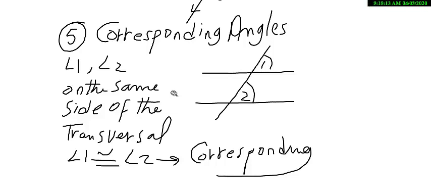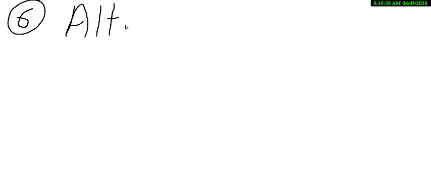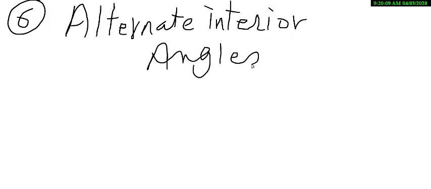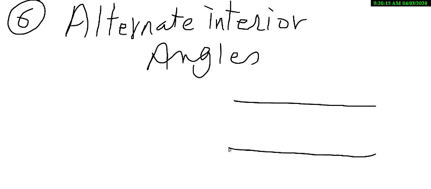We need to move to number 6, which is called alternate interior angles. We need to identify the sketch of the alternate interior angles. Say that we have two parallel lines here, and this is the transversal.